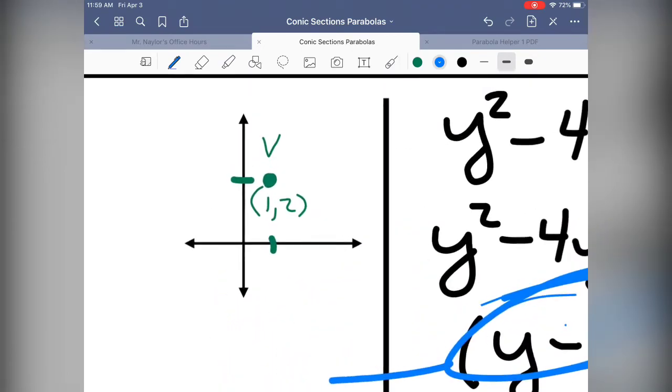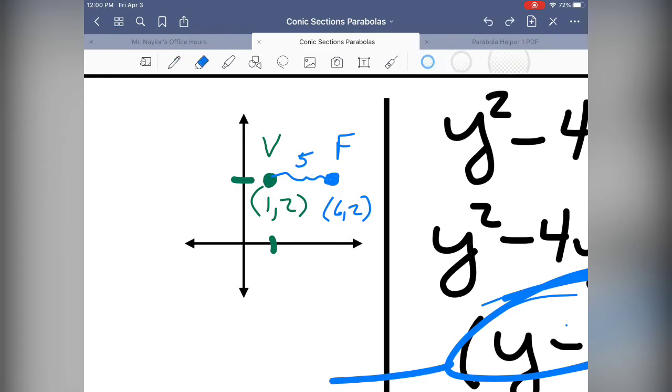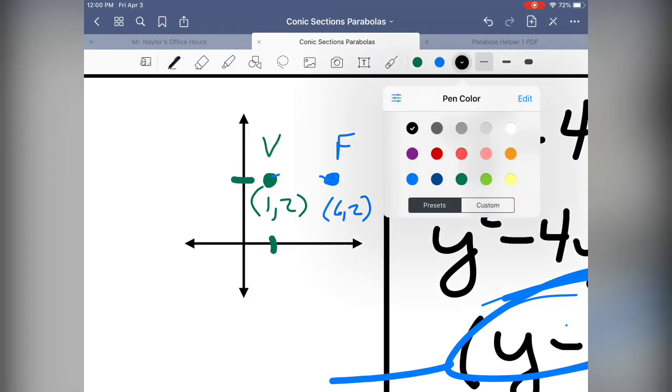So when I get back over here to my graph, I'm going to want to move to the right 5 units to get my focus. And as it already says here, the focus ends up being at (6, 2), but I wanted you to see how the number 5 affirms that. The only other thing to do here is to get a directrix on.